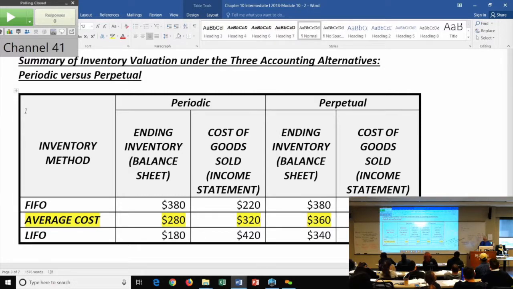So what does LIFO do to this? LIFO will, relative to the other methods, give higher cost of goods sold, lower inventory, and that raises the ratio. So companies using LIFO might have a higher turnover.